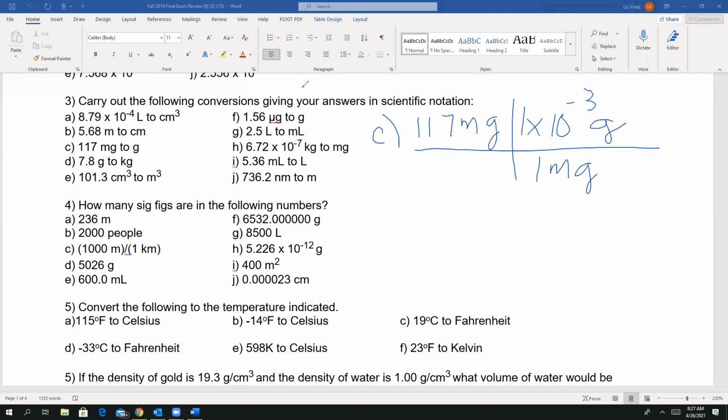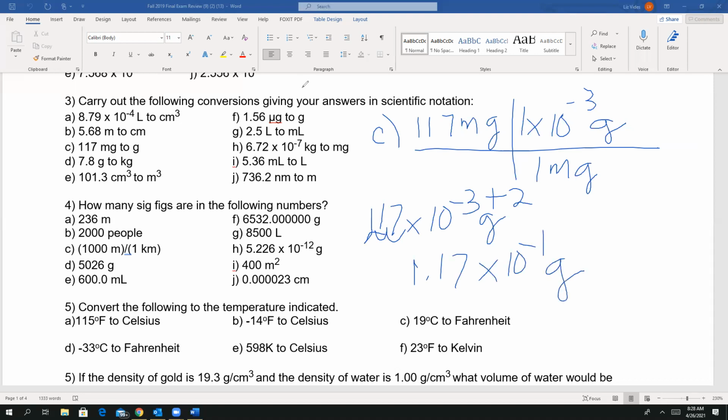So when you multiply, you would get 117 times 10 to the -3 grams. But this is incorrect scientific notation, right? So we need to move it back 1, 2. If we move back 2, we add 2. So it's going to be 1.17 times 10 to the -1 grams. You see that?